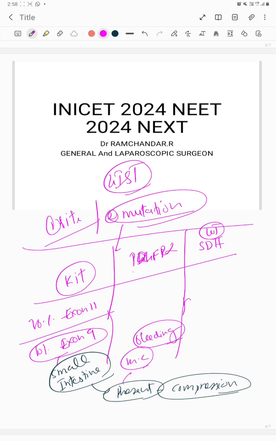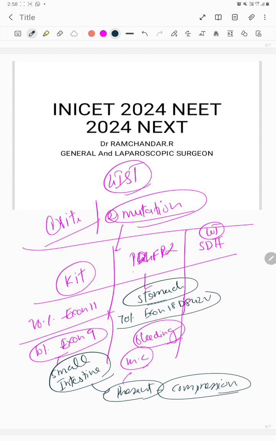And this PDGFR alpha is most commonly seen in the stomach predominantly. And where exactly the mutation is, this has been asked earlier also. The location is, in 70%, exon 18 D842V.